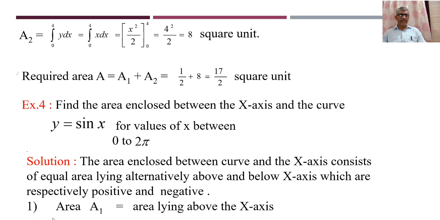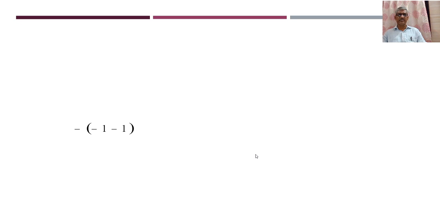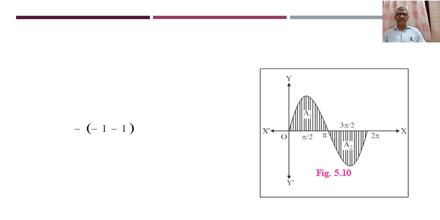Here the required first area A1 is the area lying above the x-axis. This is the sine function, this is the first area and this is the second area. The sine function y equal to sin x lies in 0 to 2 pi.